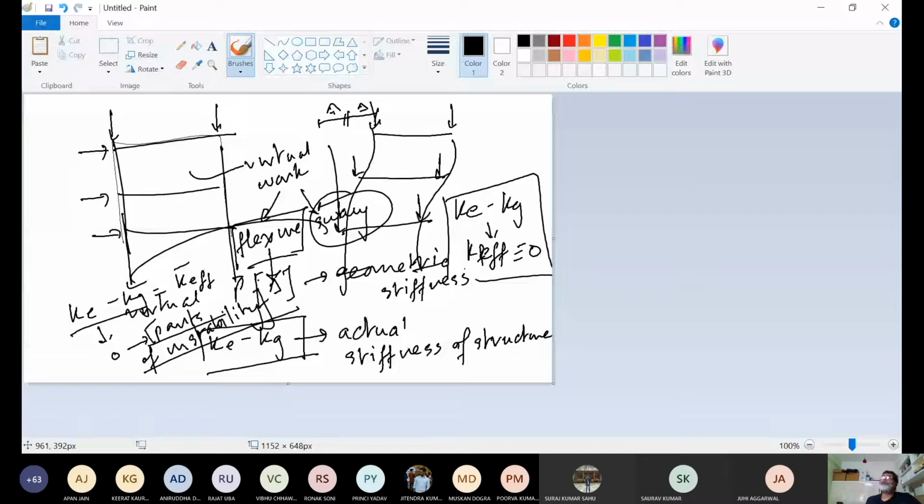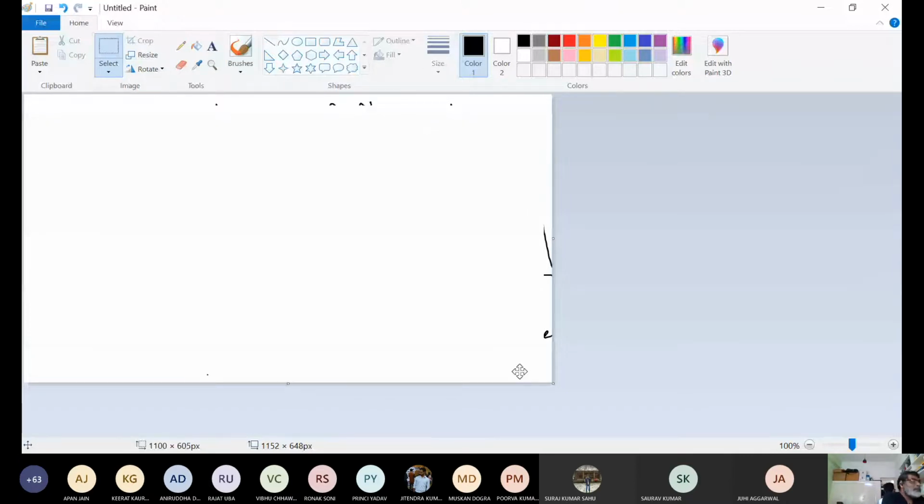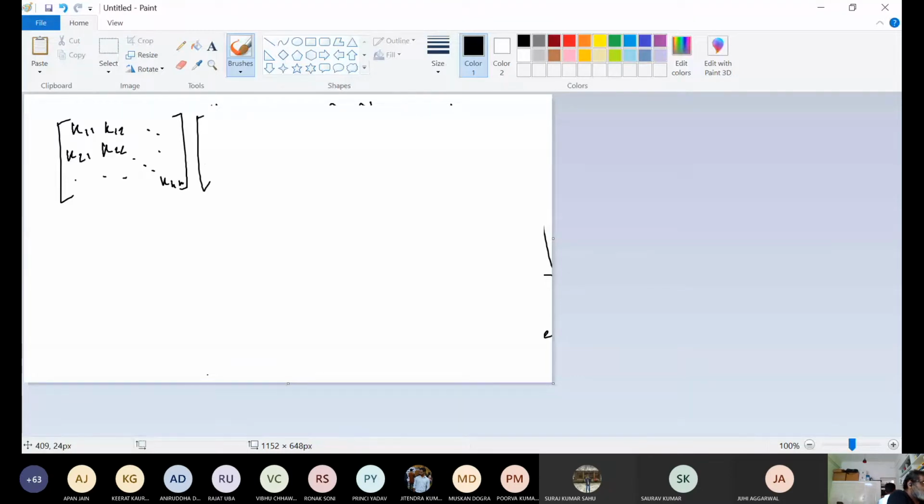Now, if you look at it, let me again select and remove this. What you'll end up getting is your stiffness matrix looking like K11, K22, dot, dot, dot, KNN, K12, K21, times delta 1, delta 2, delta n, is equal to F1, F2, Fn.